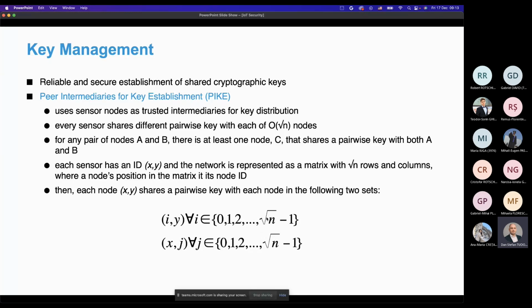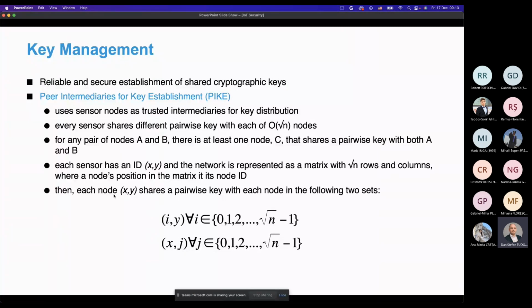That is, the sensor network is represented as a matrix of square root of n rows and columns. So the matrix has n elements in it, and the node's position in the matrix is the node's ID.